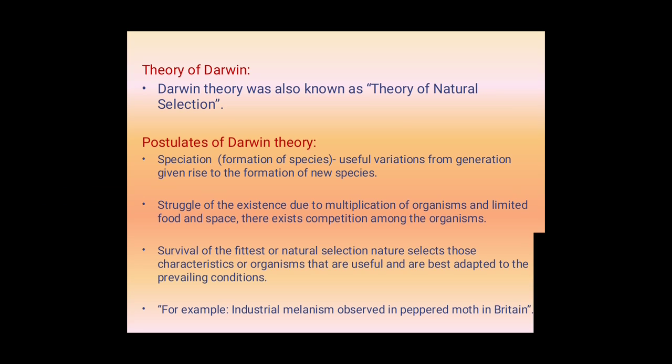Survival of the fittest, or natural selection. Nature selects those characteristics or organisms that are useful and best adapted to the prevailing conditions. See, a sudden environmental change affects the organism more. That is called survival of the fittest.